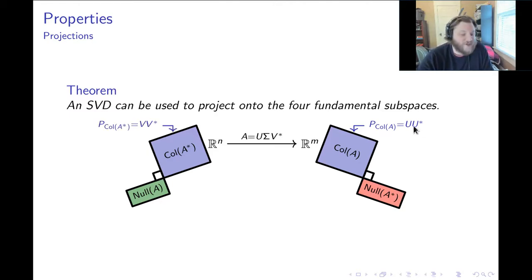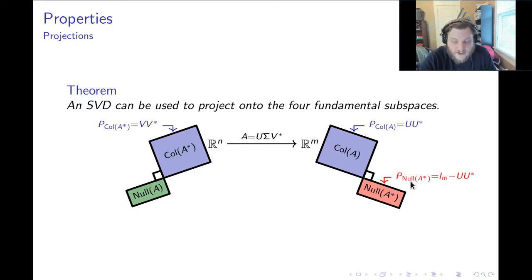We can project onto the column space of A star by taking V and multiplying by V star. And since we have orthogonality relations, we can take these formulas for the projection matrices onto the column space of A and the column space of A star and get projections onto the left null space and the null space.